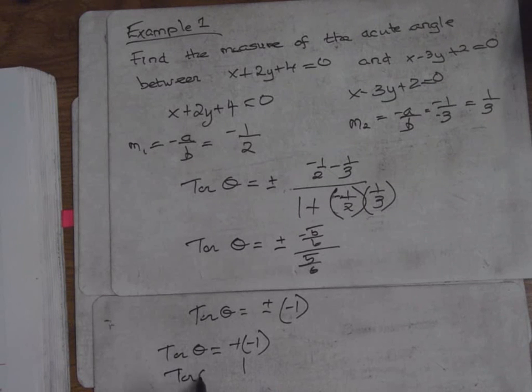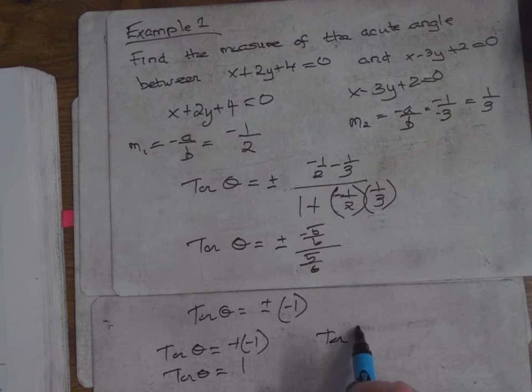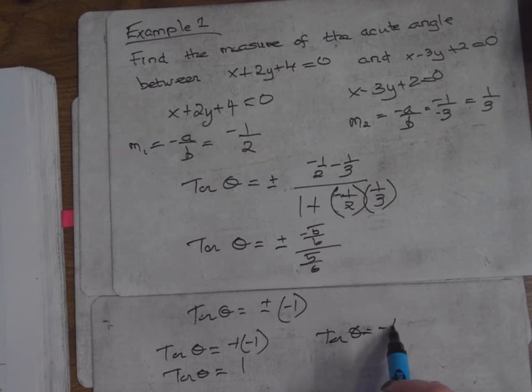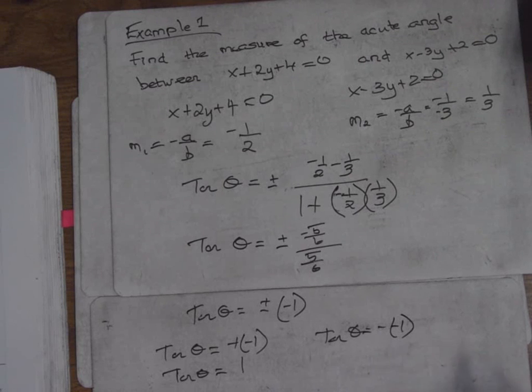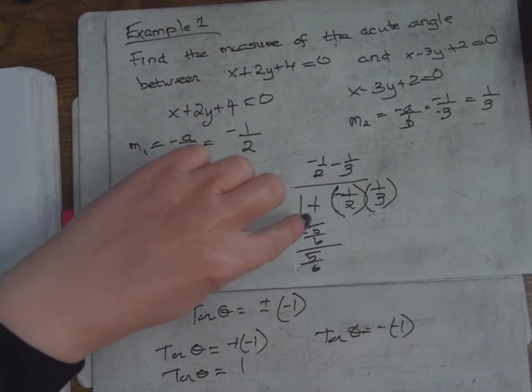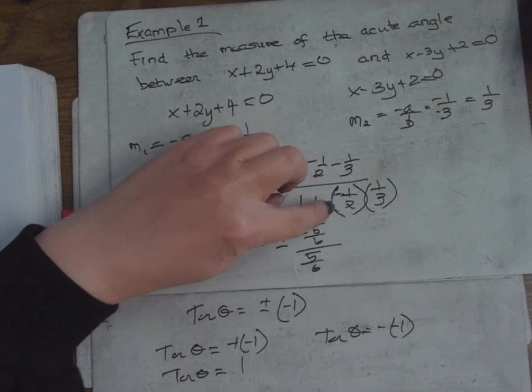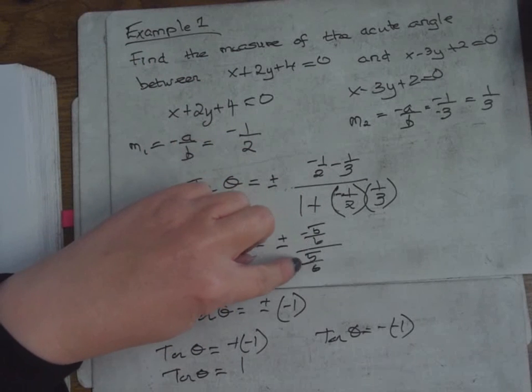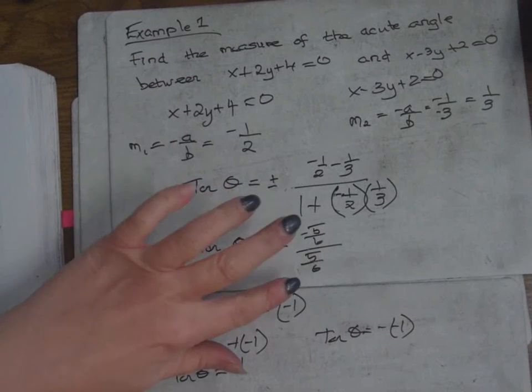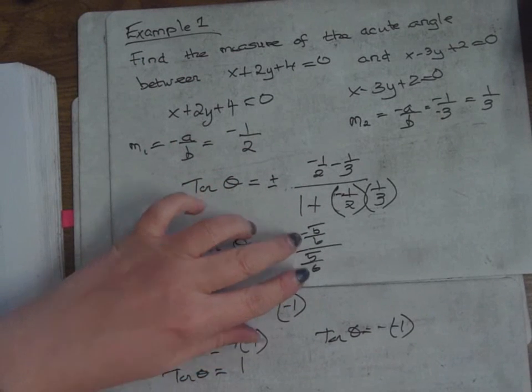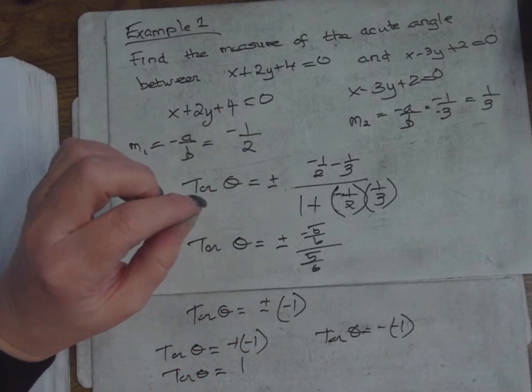And the other answer is tan theta is equal to minus times minus 1. One is going to give you an acute angle, one is going to give you an obtuse angle. What does it say under the 1 plus? 1 plus minus a half, minus 5 over 6, all over 5 over 6. You don't even have to write that line because you're going to do all that in the calculator.